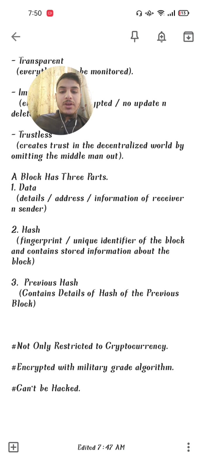And all details are encrypted in the blockchain, and the encryption is very complicated, using what are called military-grade algorithms. So it is very difficult for any person to hack it, and that's why I've mentioned that it can't be hacked. So this was the basics of blockchain: what blockchain is and how blockchain technology works.